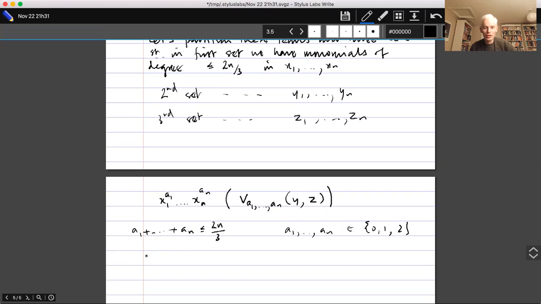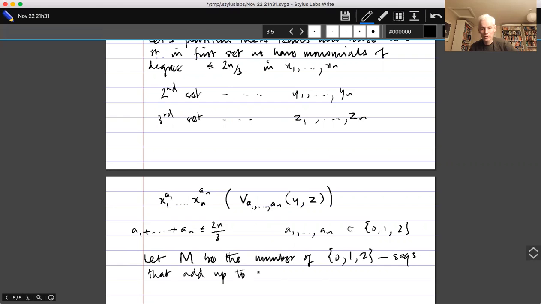So what I'm going to be able to say here is let m be the number of 0, 1, 2 sequences of length n that add up to at most 2n over 3.